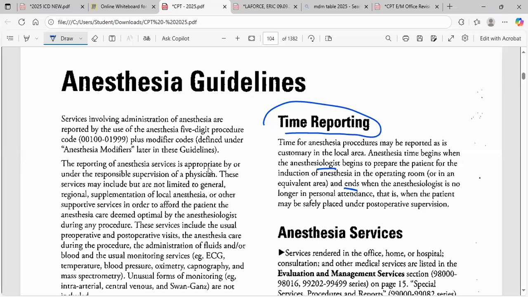Okay. Now let's discuss this question together. Based on the question, the patient is a healthy patient having a needle thyroid biopsy. The anesthesiologist started the visit at 9 a.m., and the surgery begins at 9:15 and ends at 9:45.